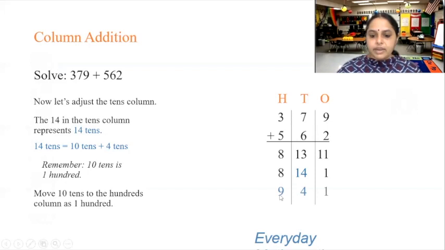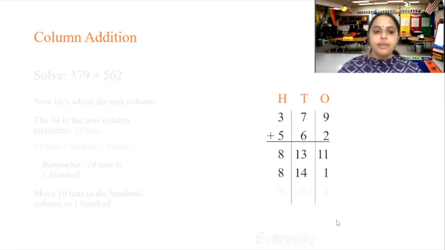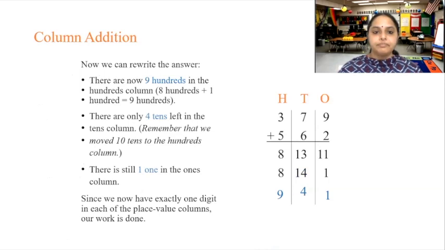So 8 plus 1 is 9. So the answer is 941. When we add 379 and 562, we get 941.